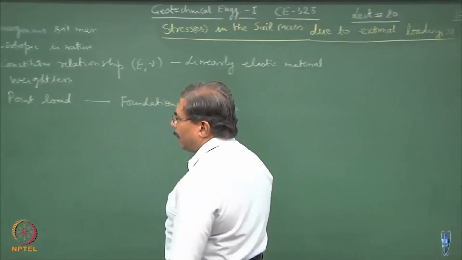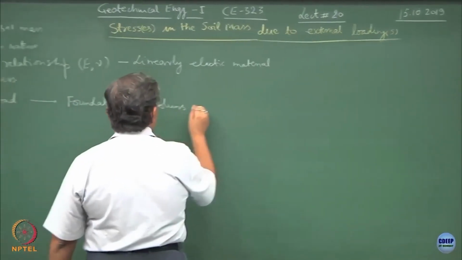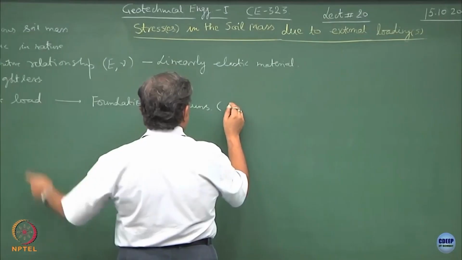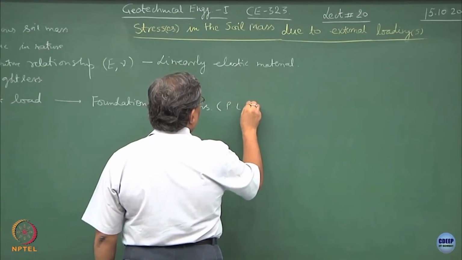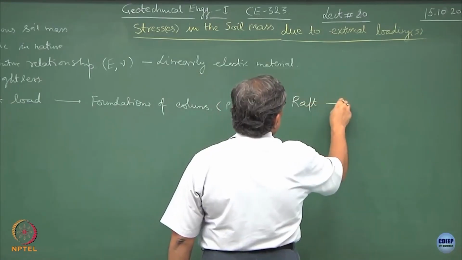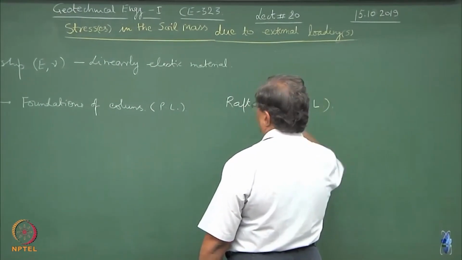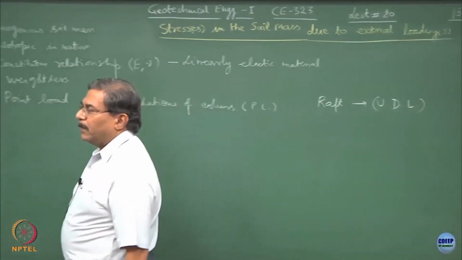So, the moment I say raft, this is not a point load. Foundations of the columns are point loads, alright. If I convert it into a raft, this becomes a uniformly distributed load area wise.